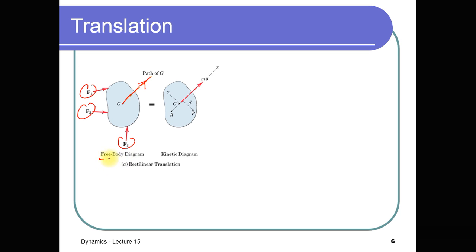We call this a free body diagram because it is showing the forces. To express it in a kinetic diagram, the free body diagram is equal to the expression of MA, within the direction of the movement of the rigid body.